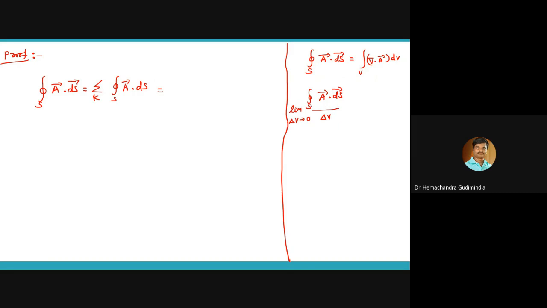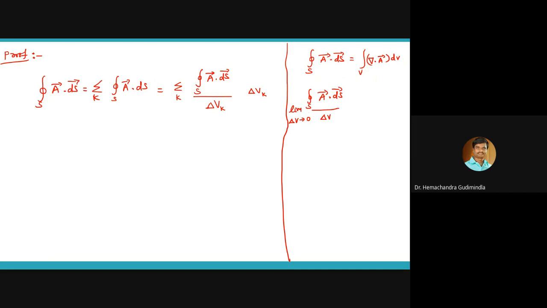So write it here: sigma k of the integral over the closed surface of A bar dot dS bar. What I am doing is filling the small boxes in a volume, right? So del v k in a volume, dividing by the volume and multiplying by the volume. Now I will use this one.